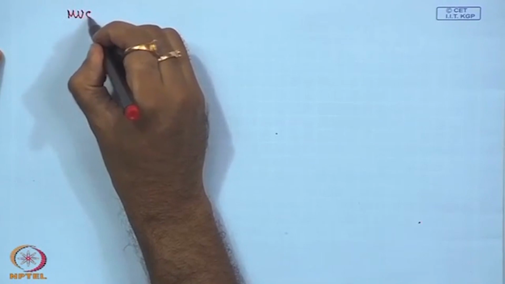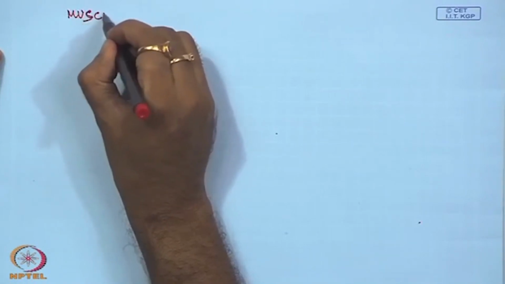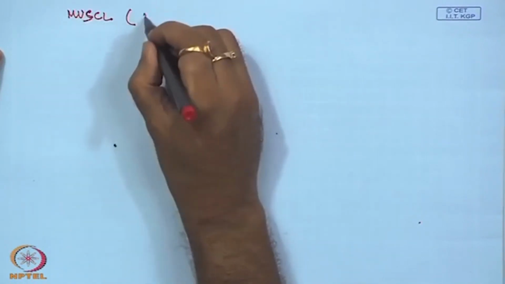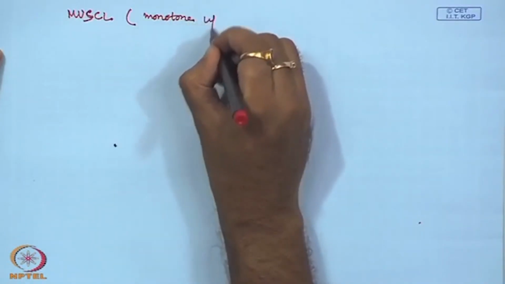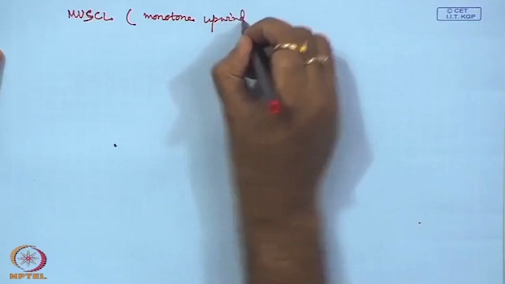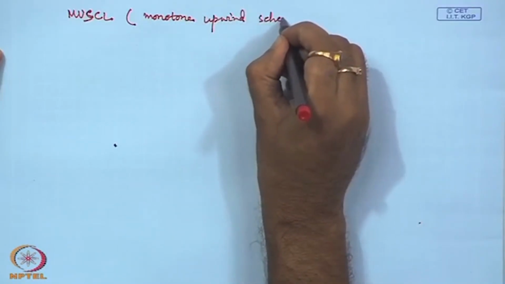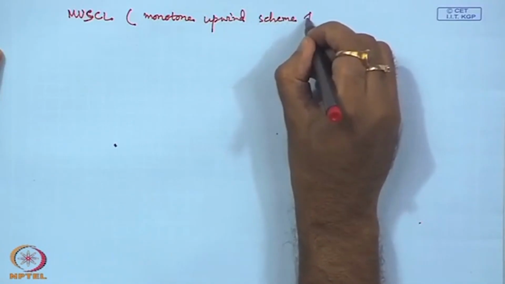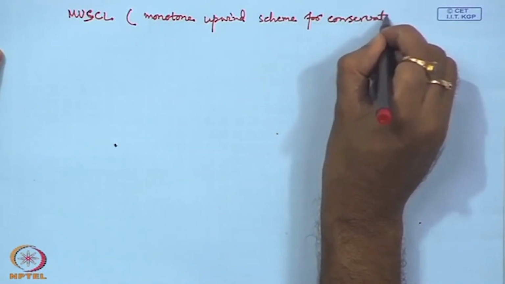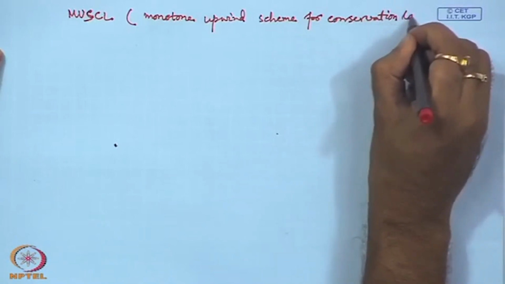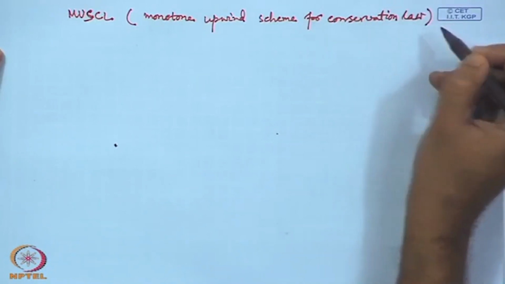MUSCL approach. MUSCL is monotone upwind scheme for conservation law.